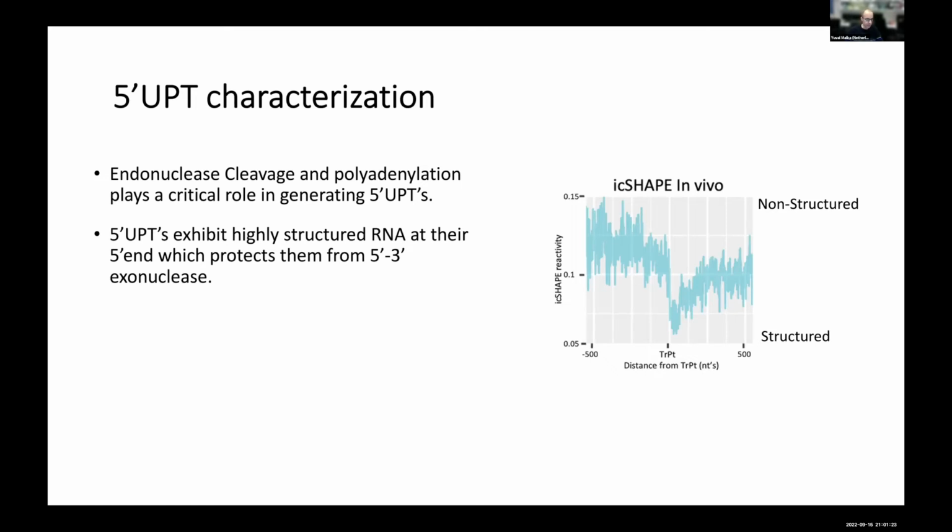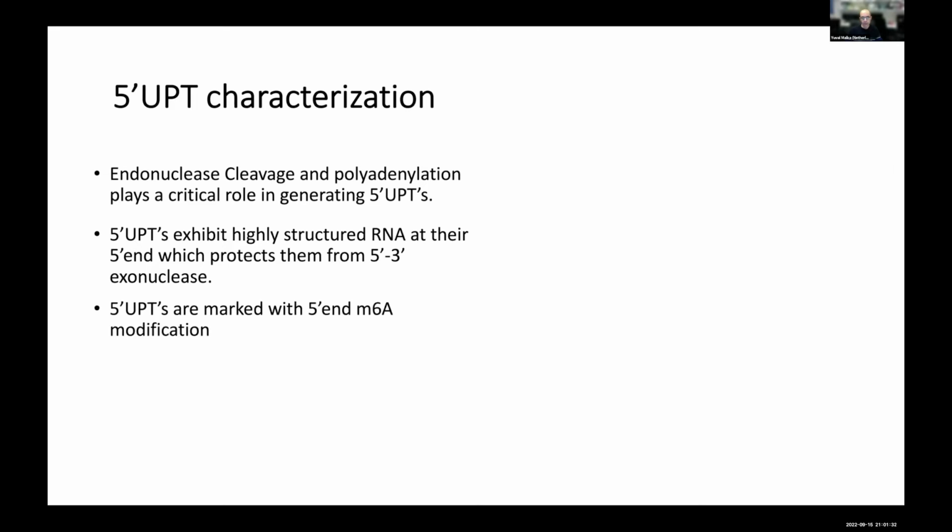And this is also kind of shattering 50 years of dogma that uncapped RNAs are highly unstable. The last thing that we saw was that the 5' UPTs are marked with a 5' m6A modification. In recent years, there are hundreds of publications that show the involvement of m6A metabolism in RNA structure, stability, splicing, and alternative polyadenylation.